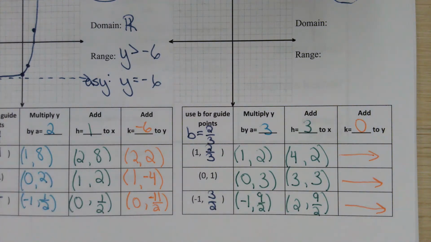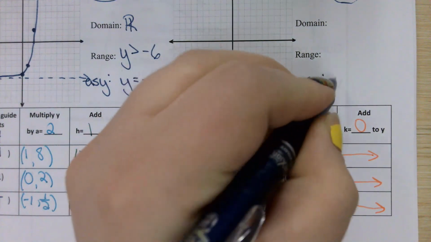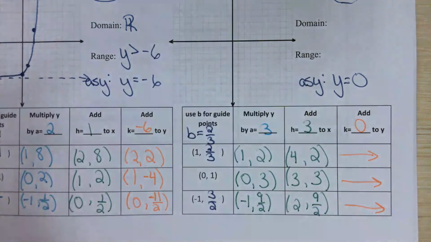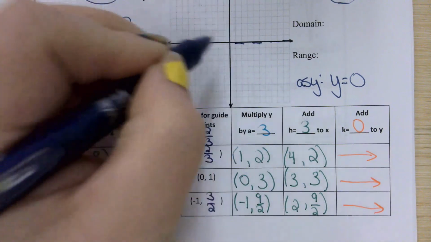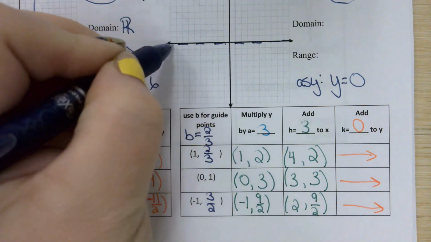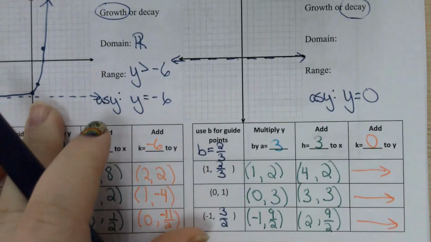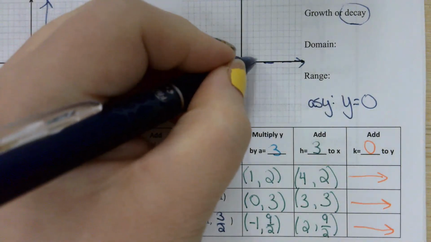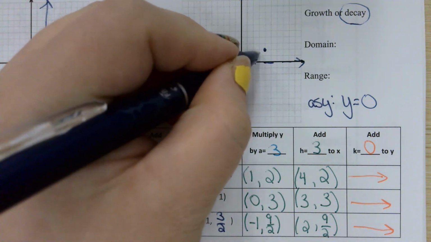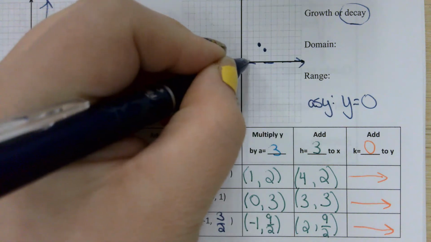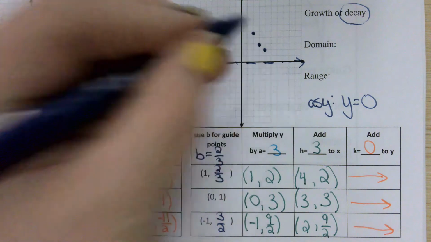So we'll go ahead and plot our points and our asymptote. Our asymptote in this case would be y equals 0 because that's our k value. And we'll plot the points at 4, 2, 3, 3, and 2 and 9/2, which is about 4.5.